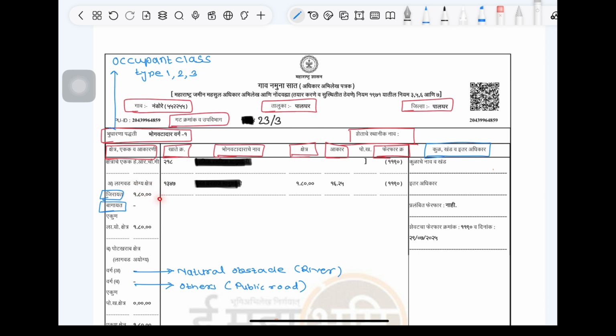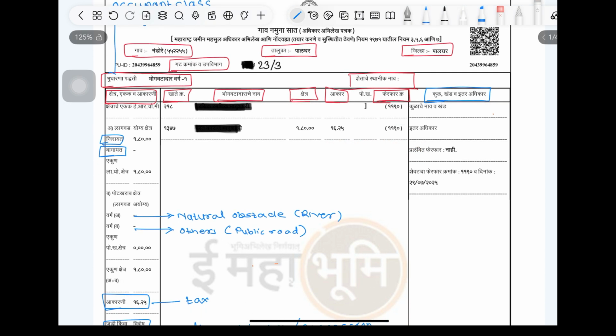1 hectare 80 R and 00 square meter. Okay, now everyone knows 1 hectare means 2.5 acres. Right? Lagvad Ayogya means wasteland.